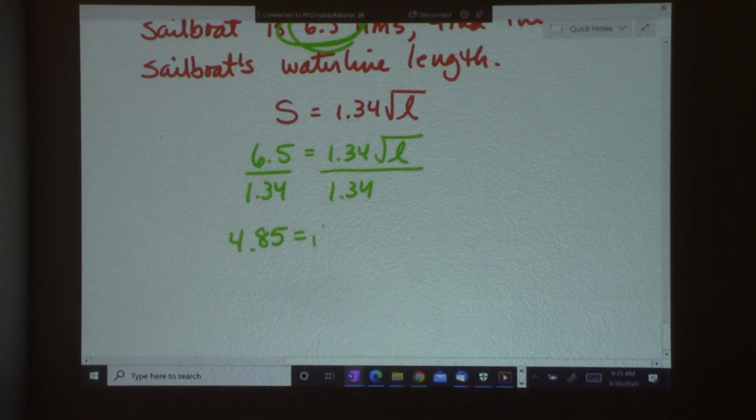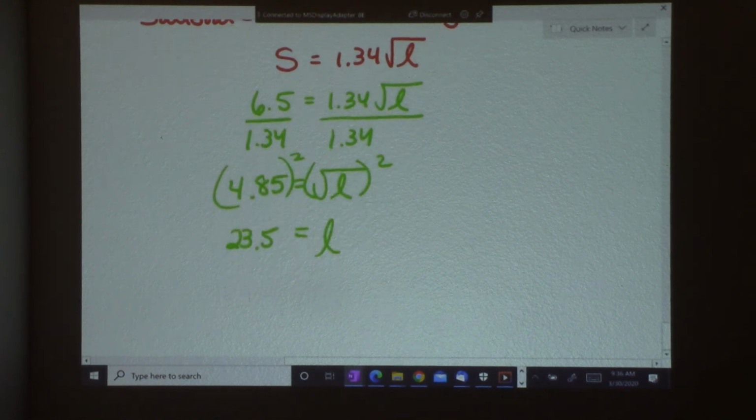That gives 4.85, and that is the square root of L. Okay, so I'm going to square both sides. And I get 23.5 feet. Okay, and they said to round it to the nearest foot, so I'm going to round that up to 24 feet.